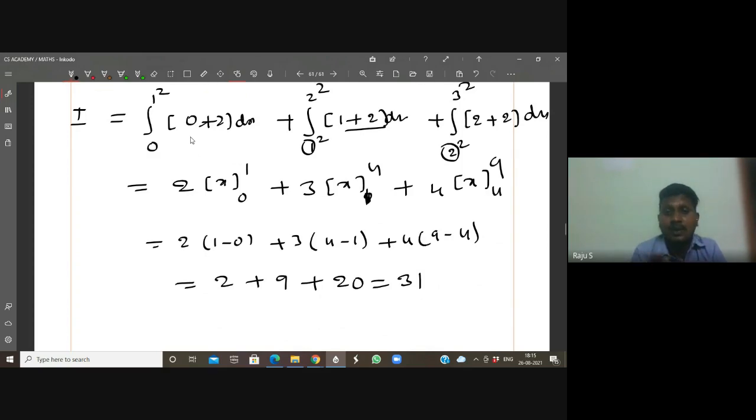It is for algebraic x square, x cube, in that case you should take the lower limit. But whenever square root is there, when you can write 1 square, then only. Here I have written 2 square, then only I am taking the lower limit as 2 alone, not 2 square. Actually 2 square is 4. Don't take 4. You have to take only 2. Base alone you can take. Don't consider the power. Right?